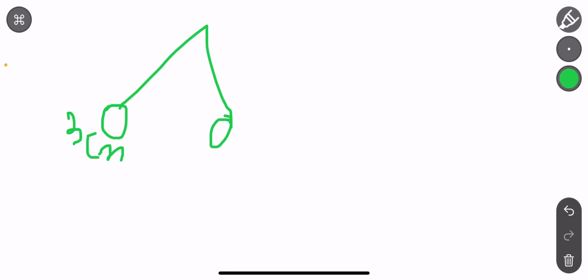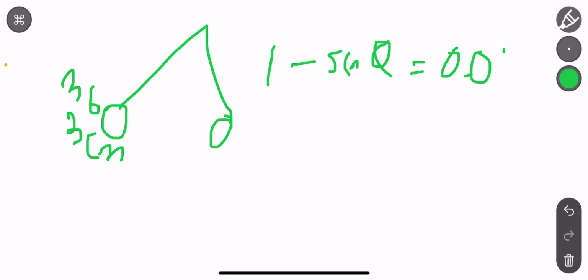So now that we have this, it's 3 centimeters, the second ball, the mass B, and then we know that the other one is A. So now we have to work on it here with 1 minus cosine theta is equal to 0.03.